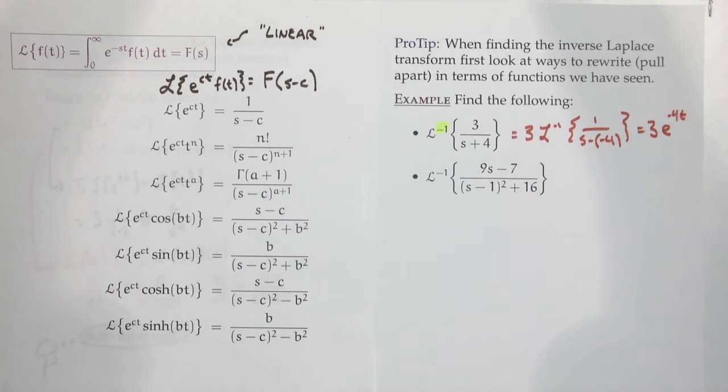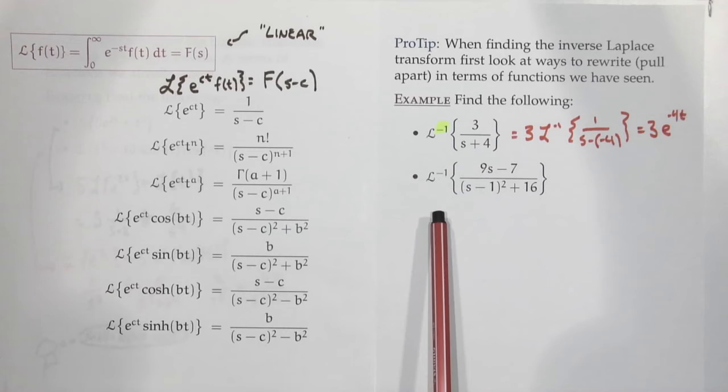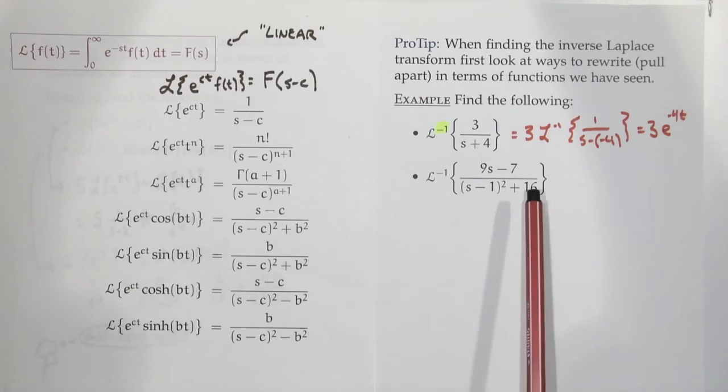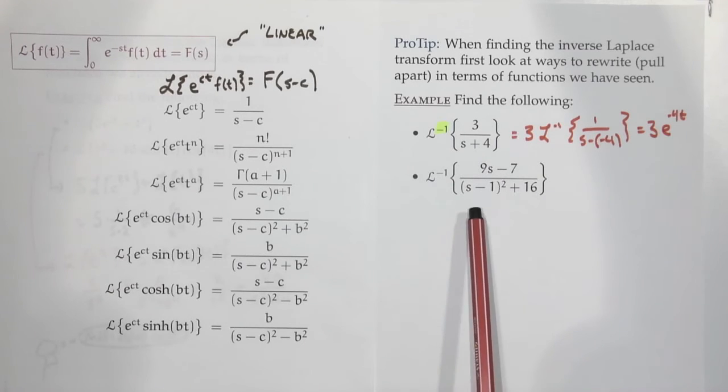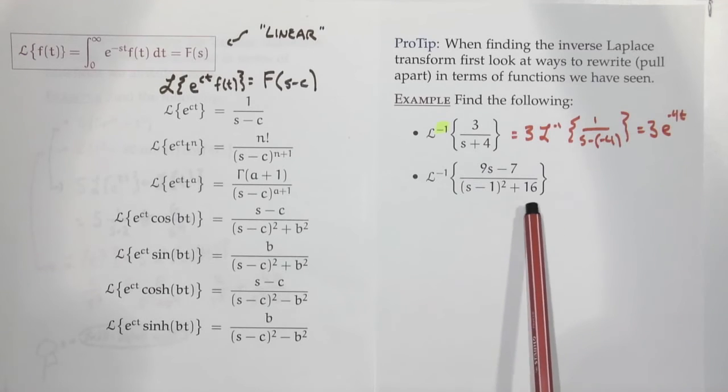Okay, how about this one? Inverse Laplace, 9s minus 7 over s minus 1 squared plus 16. Does it fit a mold?